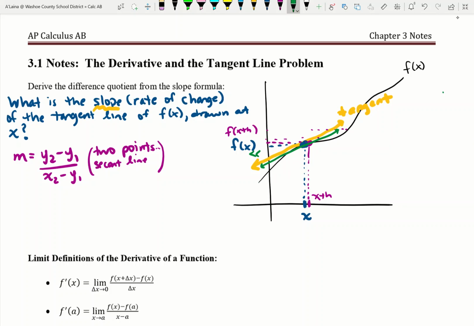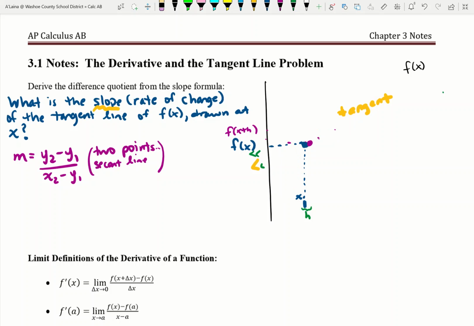And remember, this tiny little space in between x and x plus h, we are labeling that distance as h. Now what I'd really love is to make it so that x plus h is in the exact same location as x.